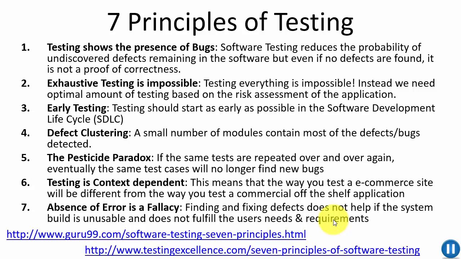So you should always test your system and compare it to the requirements and design documentation, because it doesn't help if the code itself is almost bug-free if the user or the customer doesn't want to use it because it doesn't fulfill the requirements from the users. So these are 7 important principles in testing that you should take notice of.